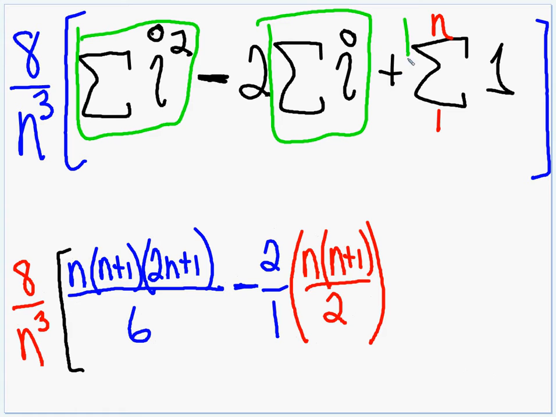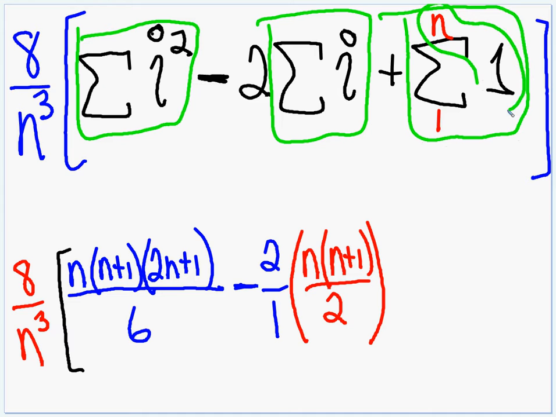Now the last one, we have a summation of 1. Remember, if we're summing a constant, we just multiply the upper bound times that constant, so that becomes 1 times n, or just n. I'm going to put it as n over 1. Okay, close off that bracket.